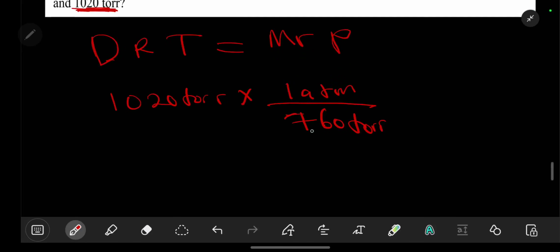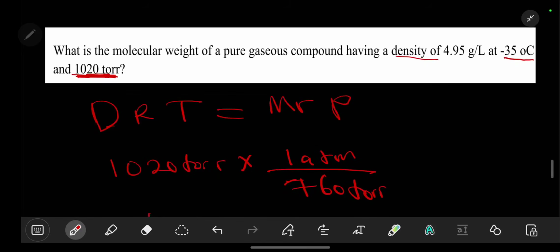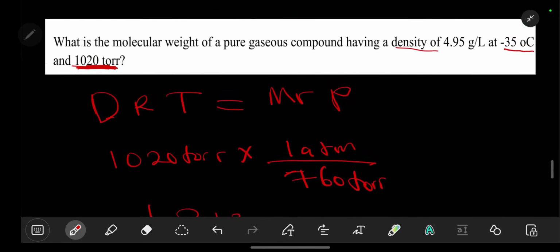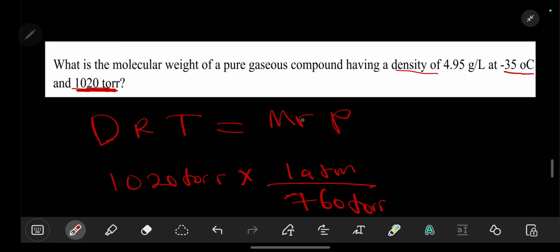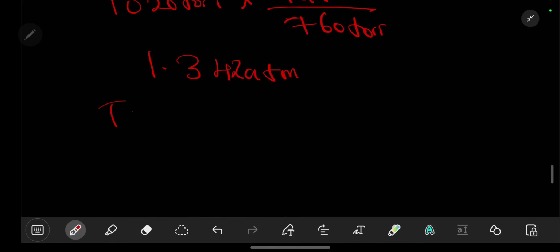So you can watch the conversion of units. When we divide, we have 1020 divided by 760. This is going to give us a value of 1.342 atm, like that. If this is what we have, then what else do we need to convert? We have converted the pressure, and the temperature also has to be in Kelvin. So temperature in Kelvin is equal to temperature in degrees Celsius plus 273.15.